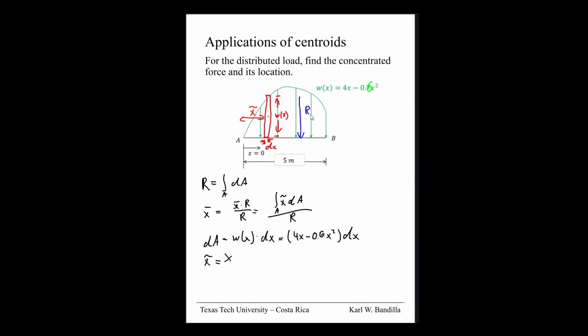Let's say R equal to 25 kilonewton and 2.917 meters is where it acts. All right, with that, we have taken a pretty complex looking distributed load, and we found the resultant force and where this force acts.